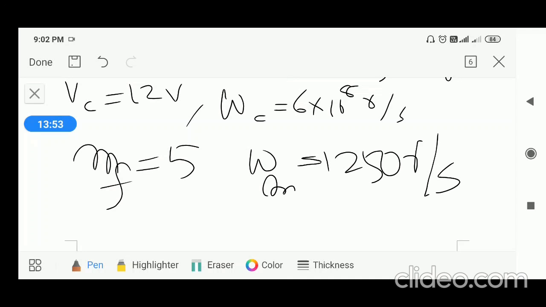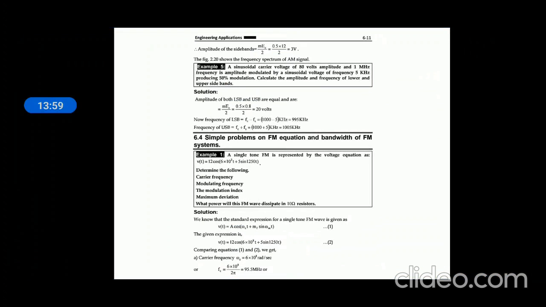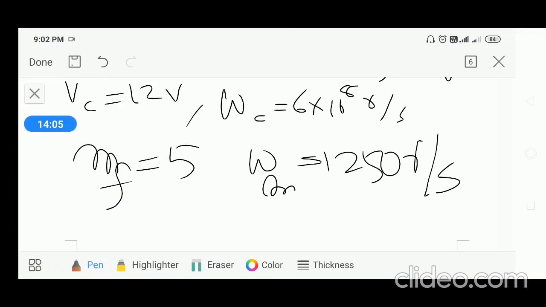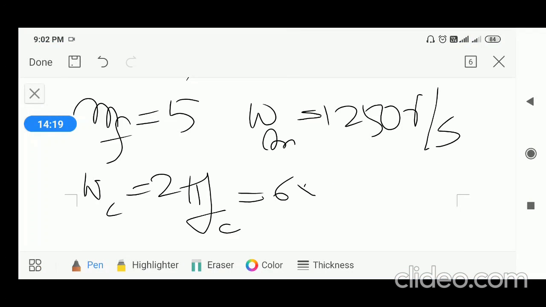Then we can calculate the carrier frequency and modulating frequency. Because omega c is equal to 2 pi fc, and from the standard time domain equation when we compared, we got 6 into 10 to the power of 8 radians per second.